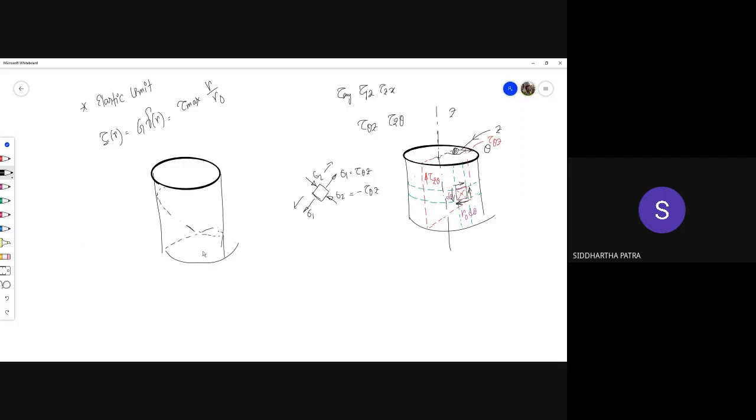you can imagine this is what is happening. When the specimen fractures, this is what the geometry looks like.